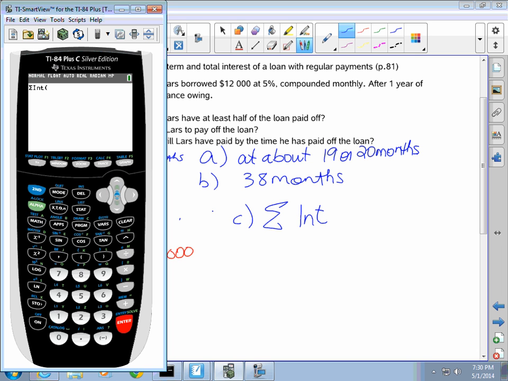So it's the sum interest, and then we use interest from the first month to the last month that he paid, which was 38 months. So this is the first month, and this is the last month he paid interest.